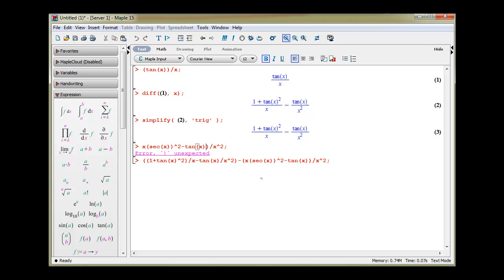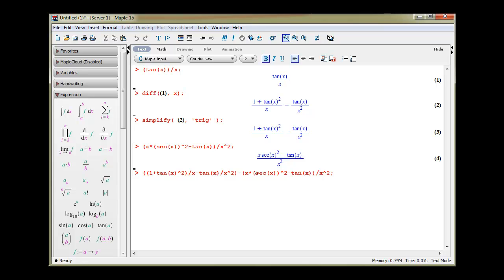I have x times. I forgot to put in my asterisk for times. Let's try again. I think I'm still off by a parenthesis here. So I have x times secant of x quantity squared. I think I need to put parentheses around the entire numerator. Oh, there it is. x secant of x quantity squared minus tangent of x all over x squared.